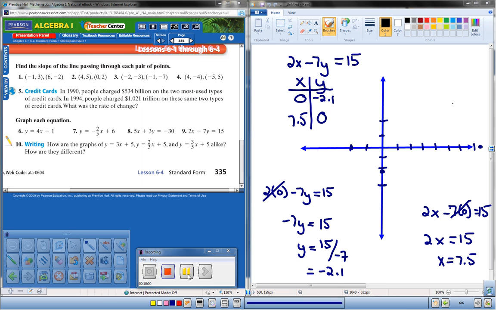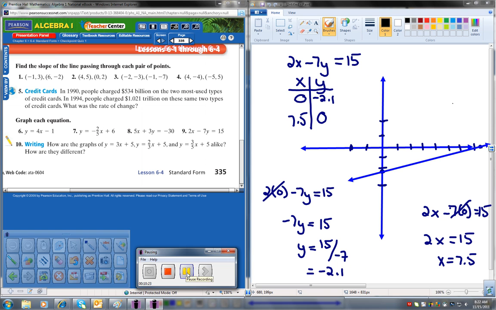Perfect. Then to graph that, I will connect those two. If your graph is in that general location, you may have set it up differently. That's fine. I'm always going to use finding the intercepts when the equation is in standard form, or slope-intercept form when it's set up that way.